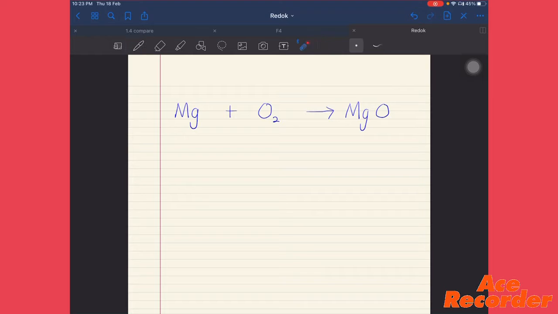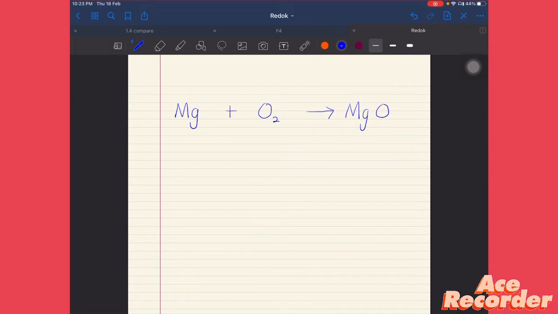Every time you want to balance a chemical equation, make sure you only change the coefficient, the number in front of the formula. Do not change anything in the middle or at the end of the formula itself.